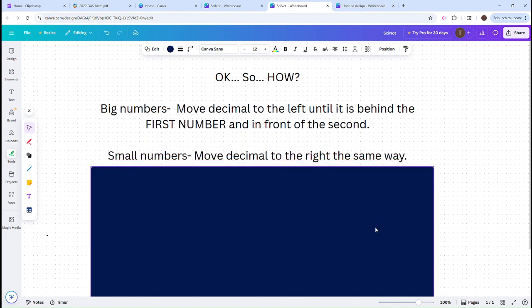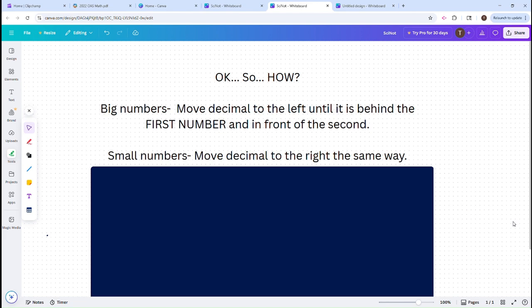For small numbers, you're going to move the decimal to the right the same way. You're going to move the decimal to the right until it's behind the first non-zero number and in front of the next digit. It could be zero, but it doesn't necessarily have to be.